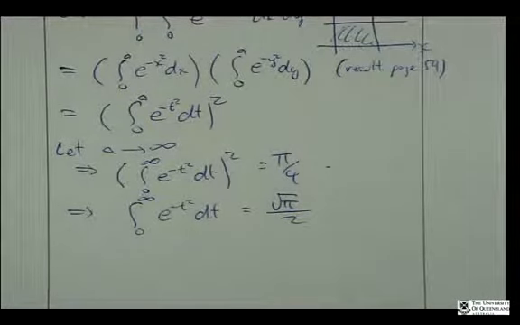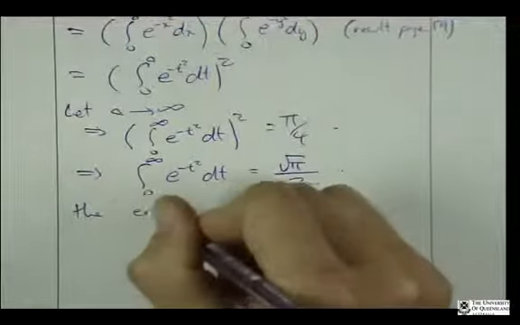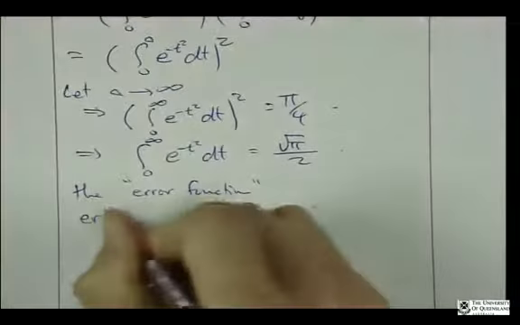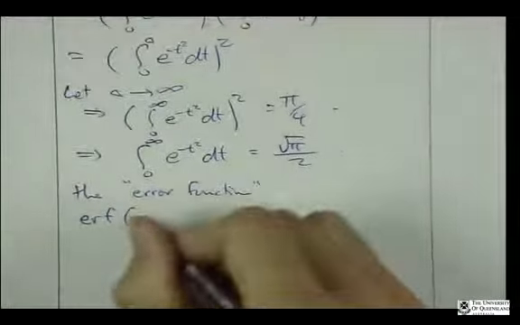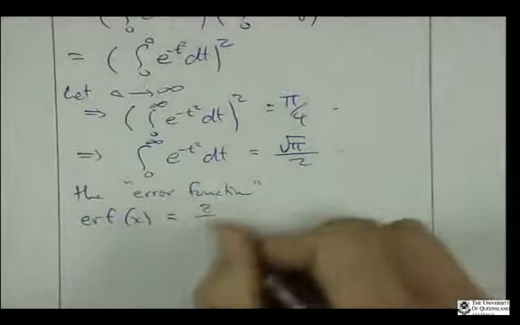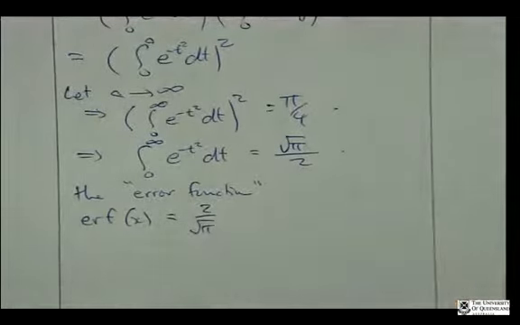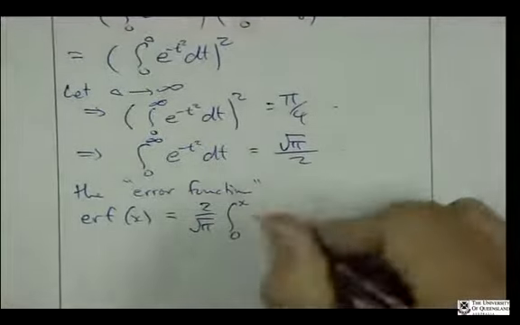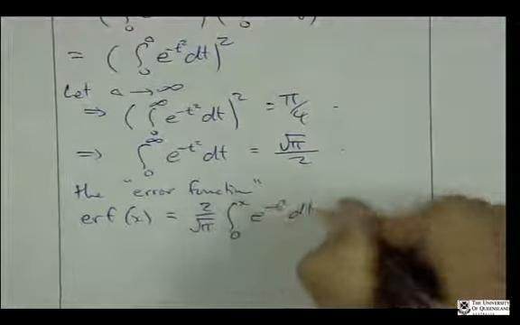In fact, some of you may have come across this special function called the error function, which is often written as erf. There's no air, fire or water, but just erf of x, defined in this way, 2 on root pi times the integral from 0 to x of e to the negative t squared dt.